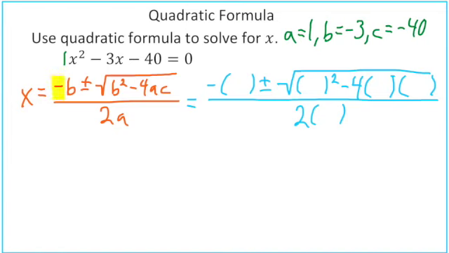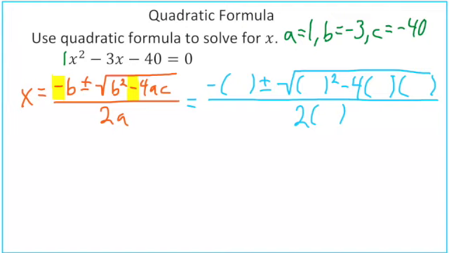The first is at the start, and by putting a negative and parentheses, I won't forget about that negative sign in front of the b. The second place where mistakes happen a lot is with the sign between the b squared and the minus 4ac.